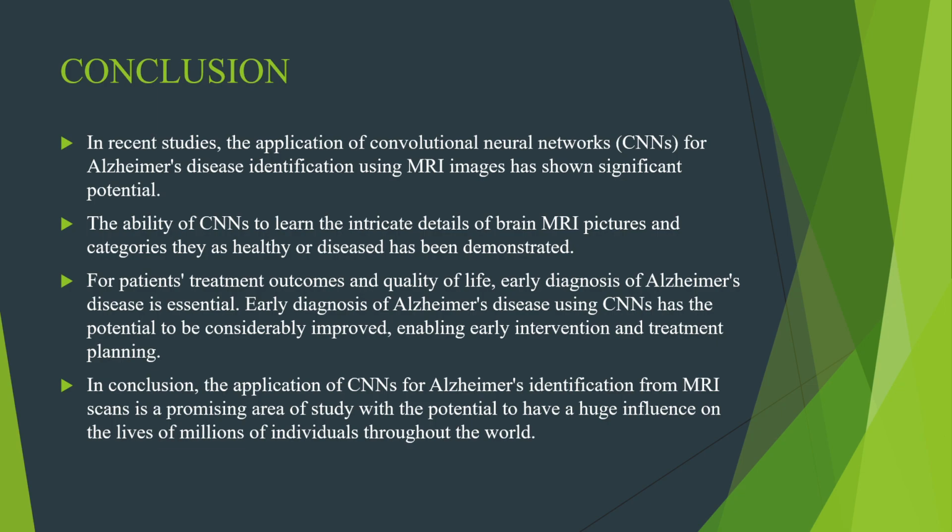Early diagnosis using CNN has the potential to be considerably improved, enabling early intervention and treatment planning. In conclusion, the application of CNN for Alzheimer's identification from MRI scans is a promising area of study with the potential to have a huge influence on the lives of millions of individuals throughout the world.